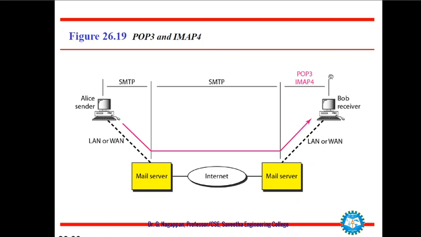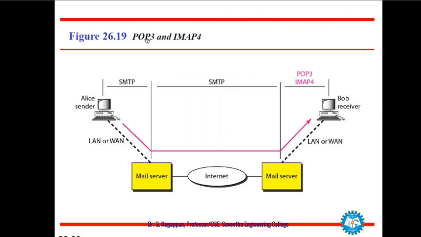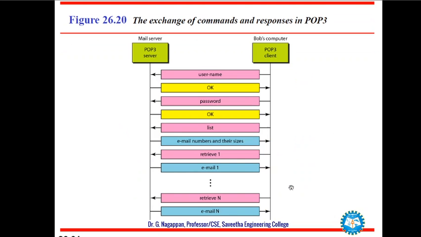So for that it may use POP3, that is post office protocol, or Internet Message Access Protocol version 4. So how does it work? The exchange of commands and responses in POP3 is shown here. The mail server here splits the mail into the various mailboxes and keeps it ready.